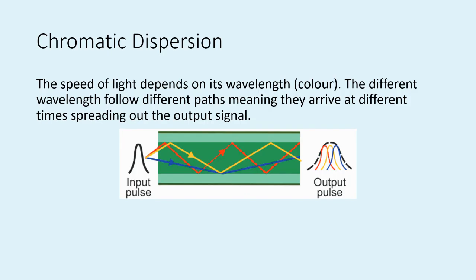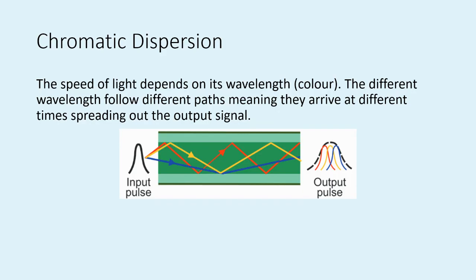Okay, the second type is chromatic dispersion. And this is where you do have different wavelengths of light. All light that we shine down fiber optics, be it laser light or LED light, does have a range of wavelengths, and the bigger this is, the more chromatic dispersion is an issue.